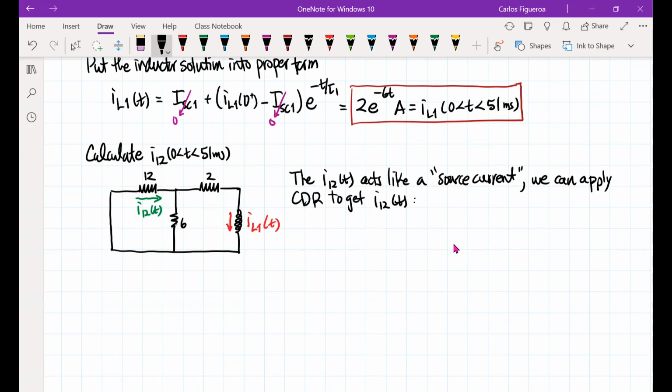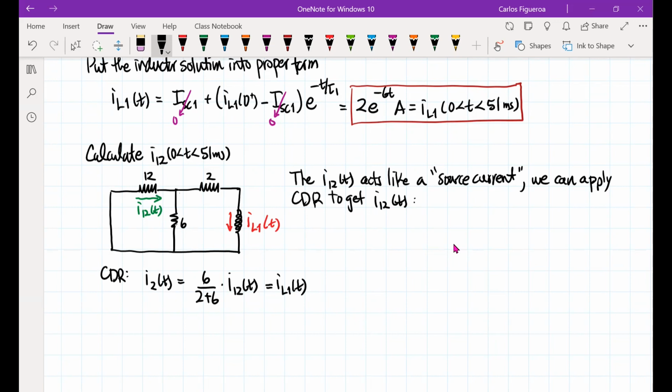So CDR tells us that if I want the current of the 2 ohm resistor, that has to be the opposite resistance, which is 6, times the source here, I12. But note, this is the same current as the inductor there.